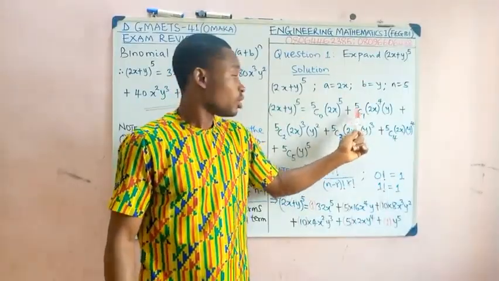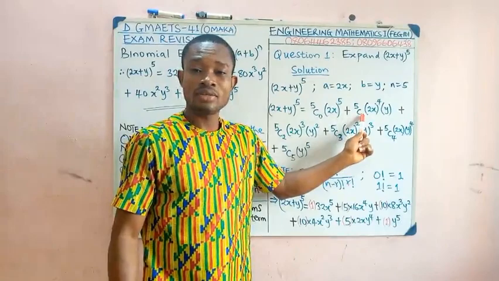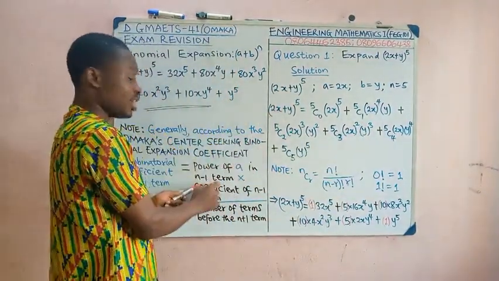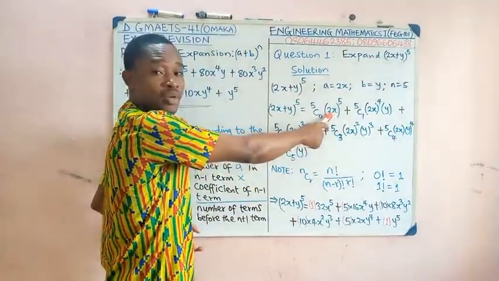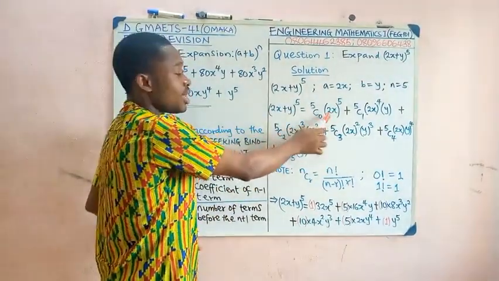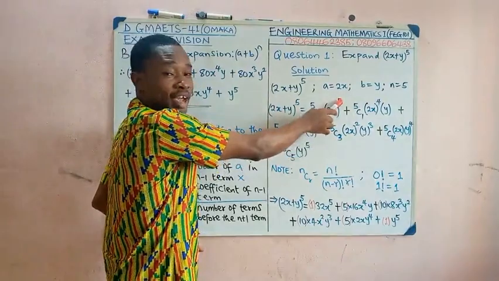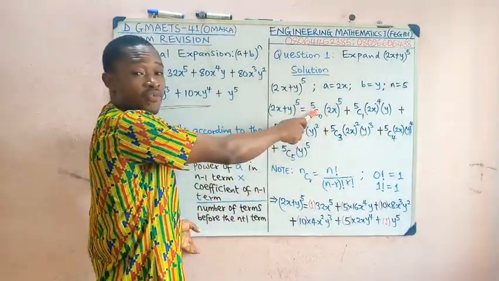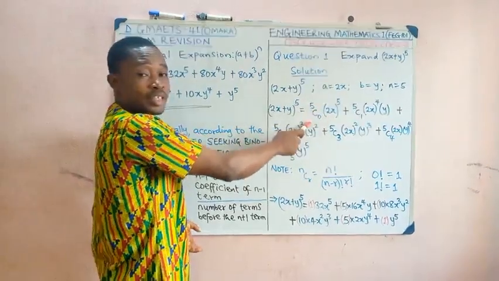To obtain 5 combination 1, all I need to do is this: power of a in the term before it. The term before it is this term. A there is 2x. The power is 5. So it's going to be 5 times the coefficient of the n minus 1 term. Its coefficient here is 1, we said.